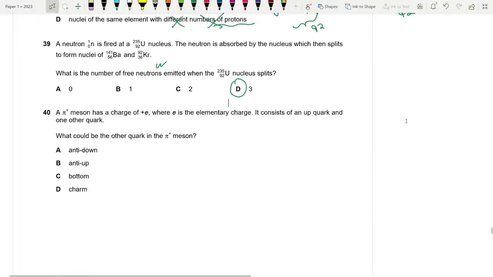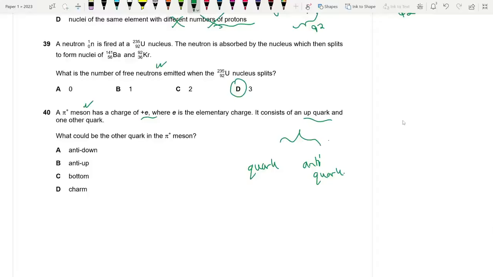40, last one. A pi plus meson has, so mesons are made up of a quark and its antiquark. It is made up of two quarks, one normal and one anti. So it has a charge of plus e. It consists of an up quark and another quark. So the up quark, we know that the up quark has a charge of 2 by 3.